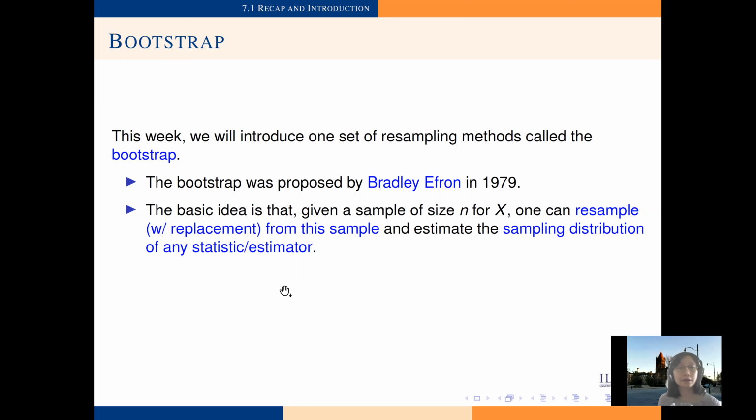Okay, so what is the bootstrap? The basic idea is that given a sample of size n from X, whose underlying distribution we have no idea about, one can resample with replacement from this sample of size n and estimate the sampling distribution of any statistic or estimator.